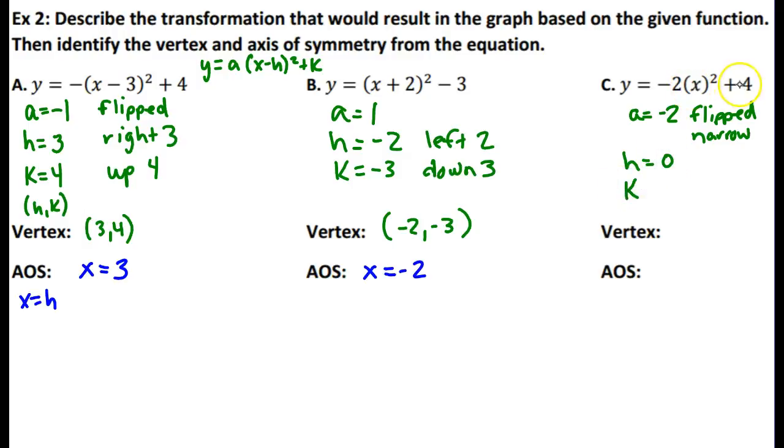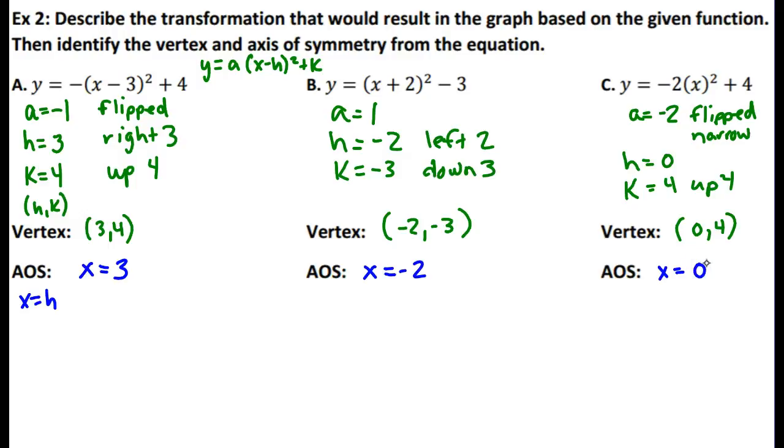My k value is +4 on the outside, so that means that it is getting shifted up 4 units. Vertex is located at 0, 4, and my axis of symmetry is the line x equals 0.